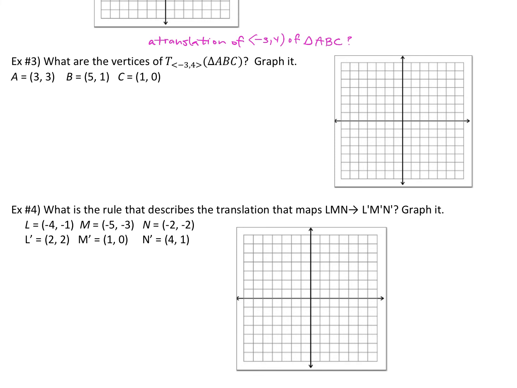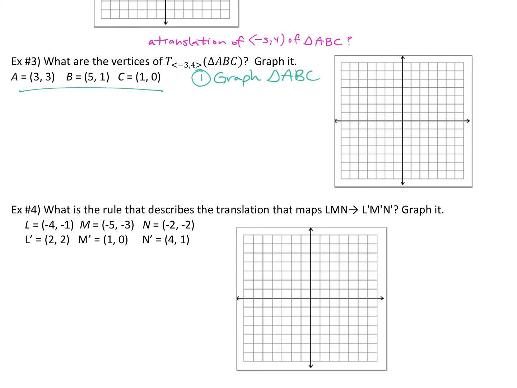So the first thing I would do on these, there's a couple ways you can do it. I like to graph it first and then just translate on my graph. You don't have to, but you are eventually going to graph it. So I just graph it as I go. Step 1, graph triangle ABC.